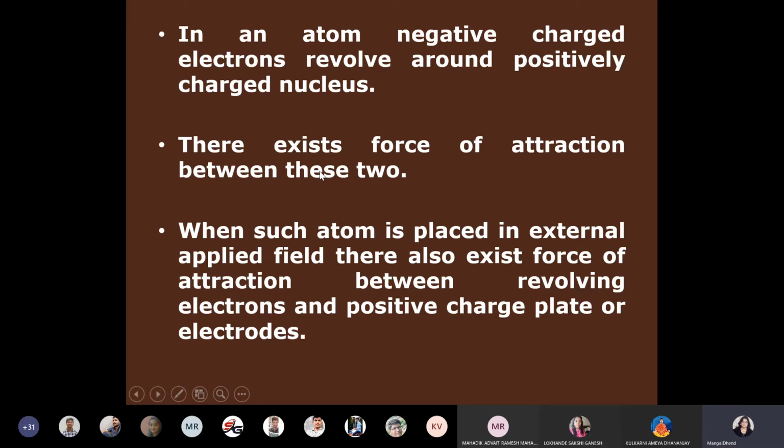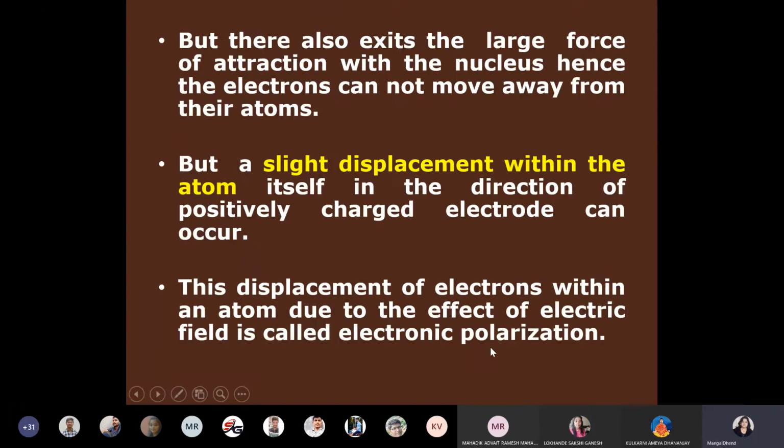But there is also a force of attraction between the positively charged nucleus and the revolving electrons. When such an atom is placed in an external field, there also exists a force of attraction between the revolving electrons and the positively charged plate or electrode. Therefore, the revolving electrons and the positively charged nucleus will try to shift slightly towards the anode and cathode.